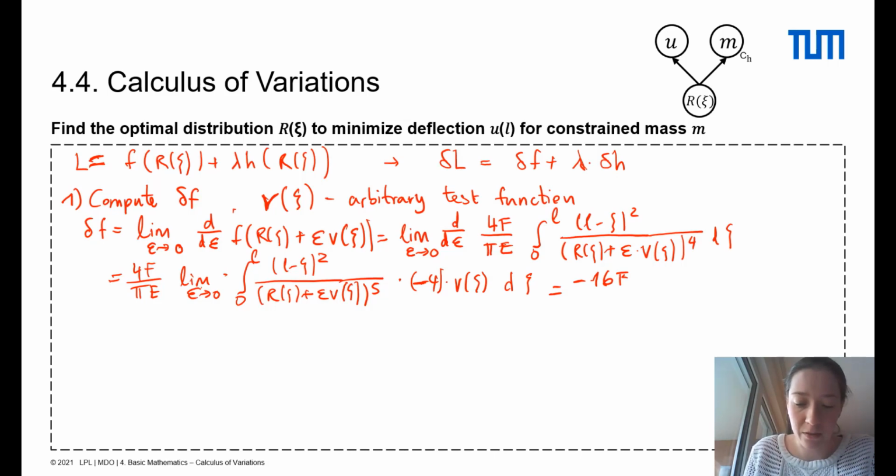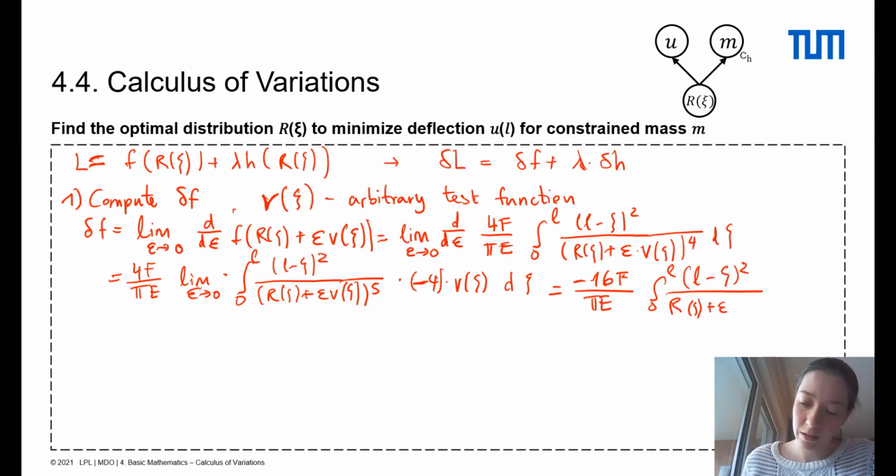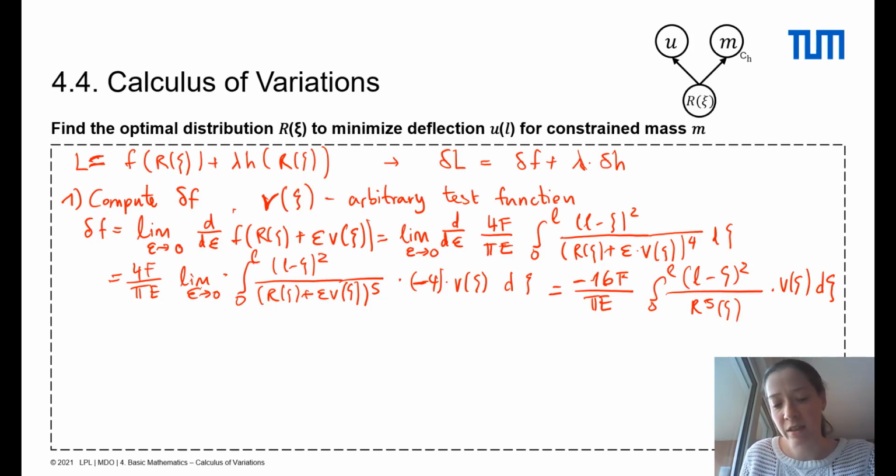We can take the minus 4 out of the integral from 0 to L. And then we got L minus xi squared over r of xi plus over r of xi, and that's to the power of 5, times v of xi, because epsilon is set to 0, d xi. That's delta F. So it looks really complicated, but just going step by step, it really isn't.